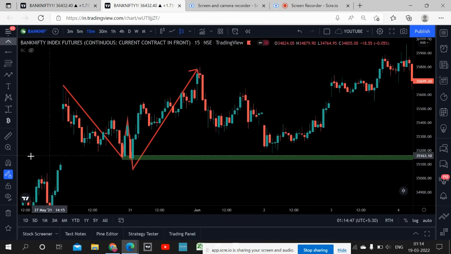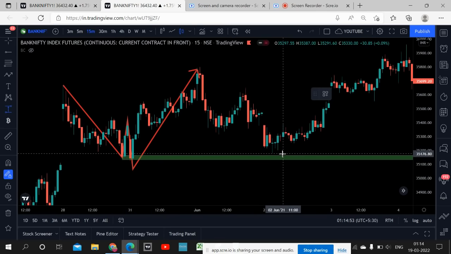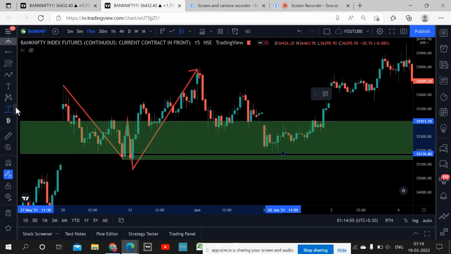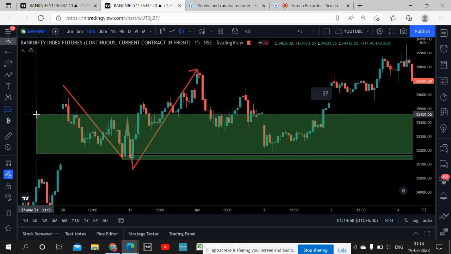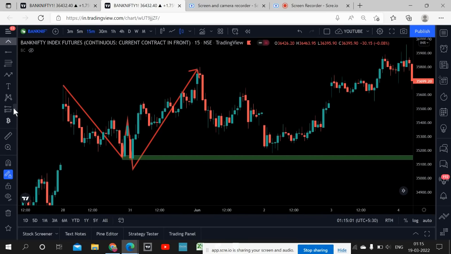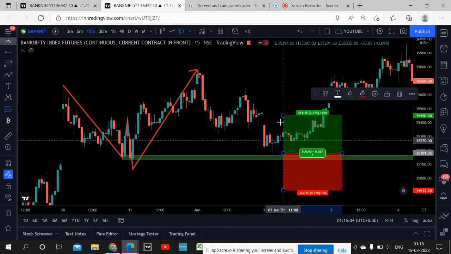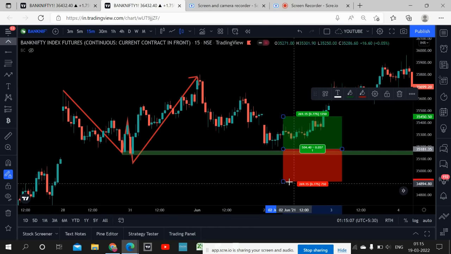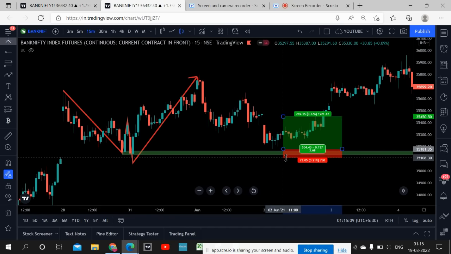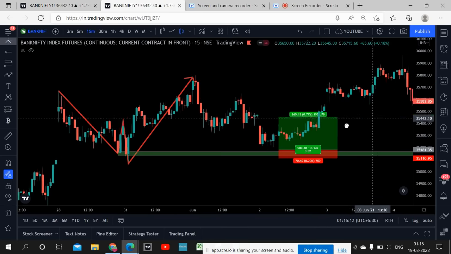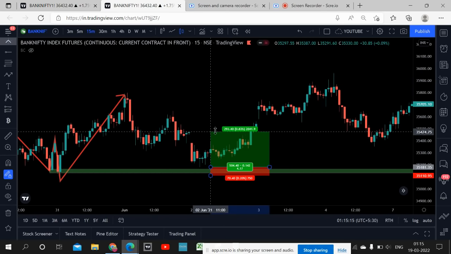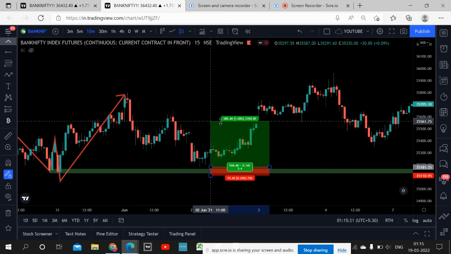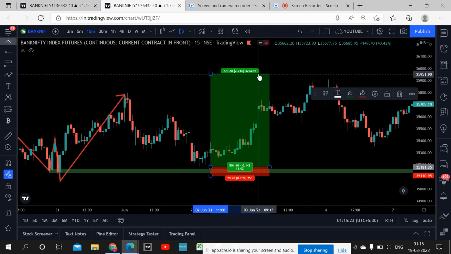Wait for the price to come to the range. What is the reward? For a risk of just 70 points, the first target is 390 points or 400. We can see 1 is to 5. The maximum point has given us 770 points, which is nothing but 1 is to 10.